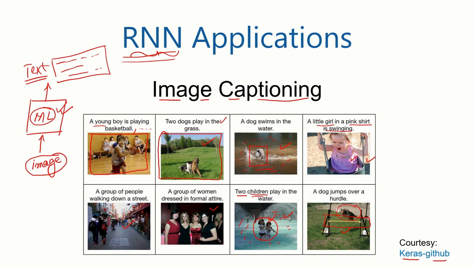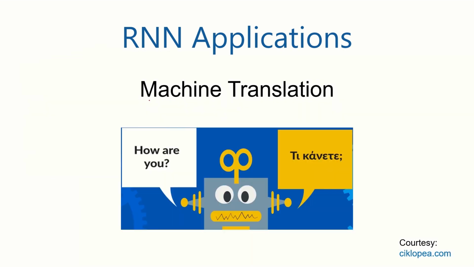So let's discuss some more applications of recurrent neural networks. Machine translation is yet another problem in which recurrent neural networks show their power. Recently in natural language processing, sometimes abbreviated as NLP, most of the important work has been done in machine translation because of the importance of this problem.